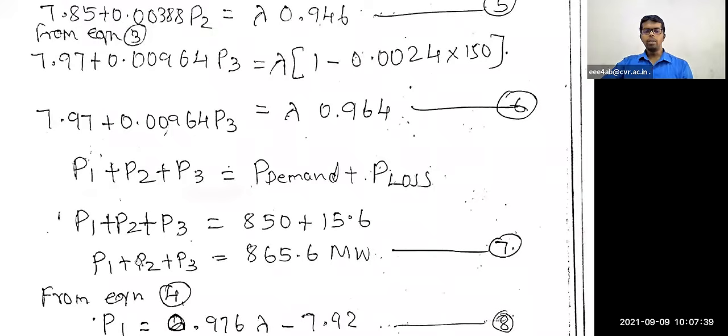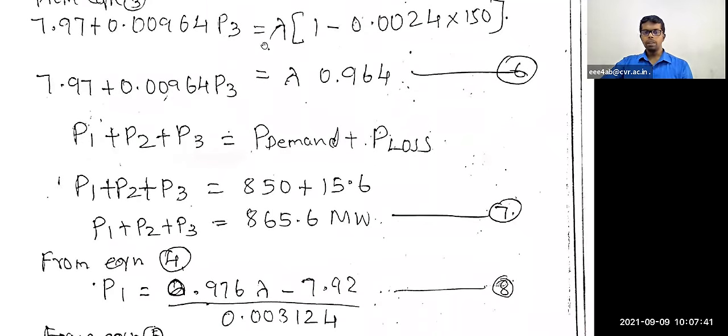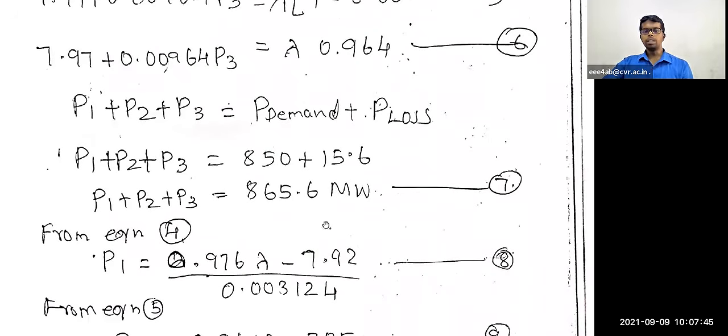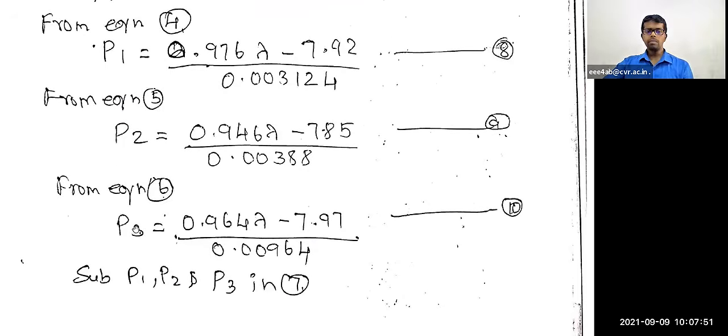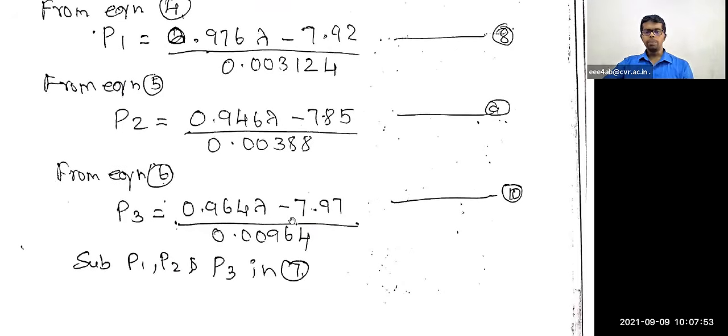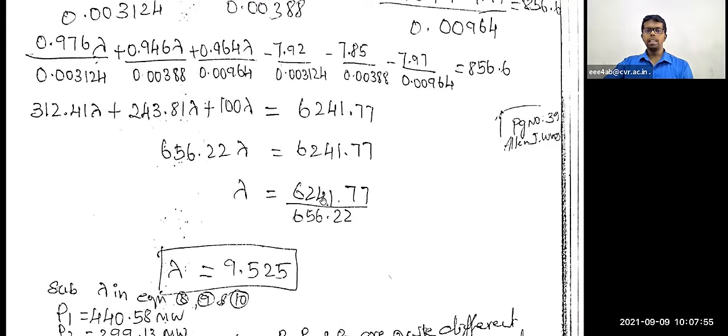Again, you have to substitute P1, P2, P3 in equation number 7. Again you have to find out the lambda. With further simplification, you will easily find out the lambda. Say for example, you will get lambda is equal to some 10.5, something like that.